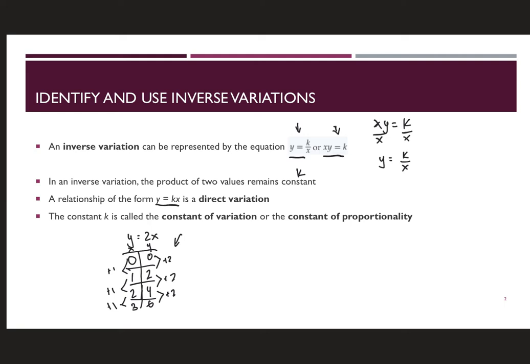And of course, here's where our 2 comes from. So both sides of my table increased constantly with addition and subtraction. In this case, it's addition, which means this is a direct variation. Okay? Inverse variation is slightly different because it is multiplication. Okay? X times y is going to be equal to k.